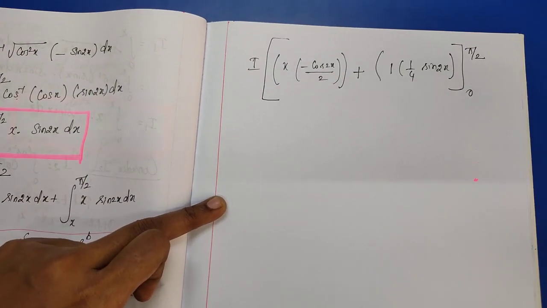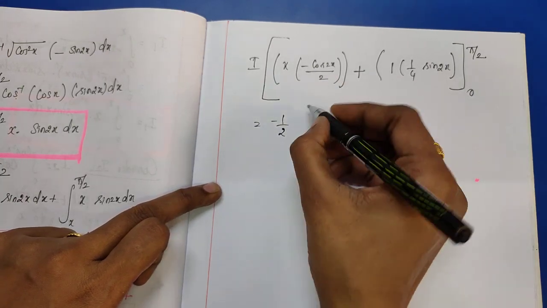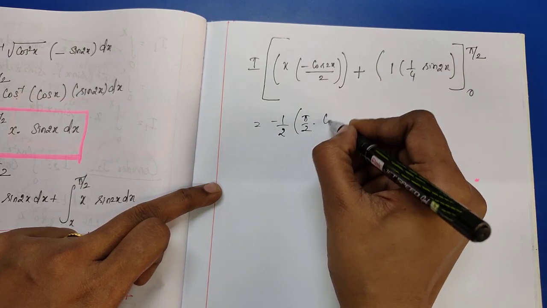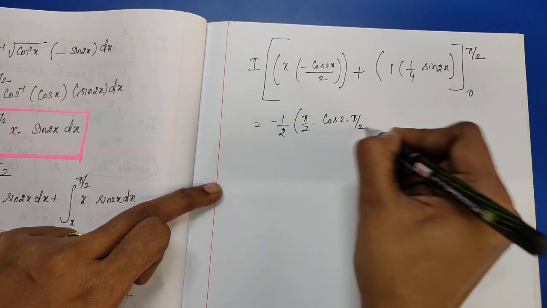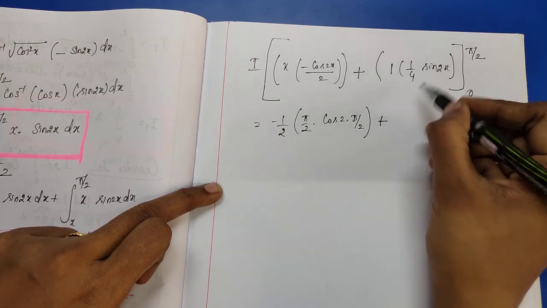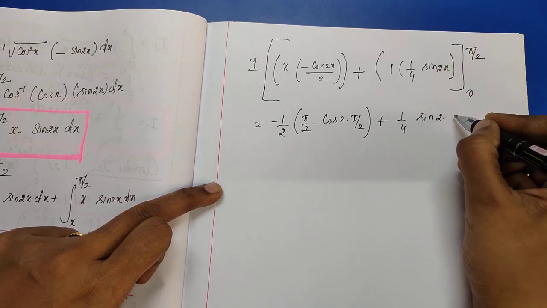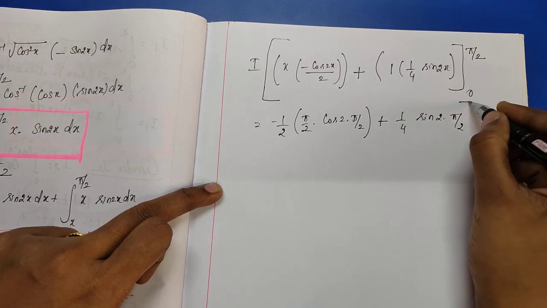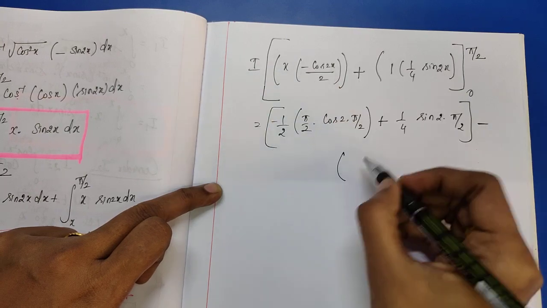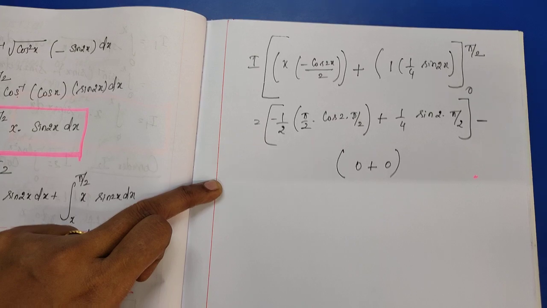Now apply the upper limit and then the lower limit. Here minus 1 by 2 first take outside. The upper limit is pi by 2, so pi by 2 cos 2 into pi by 2, plus 1 by 4 sin 2 into pi by 2, close the bracket, minus the lower limit. Here put 0, the whole term becomes 0, plus sin 0 is also 0.